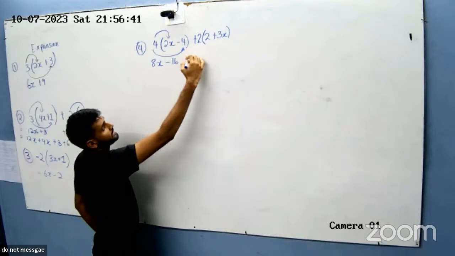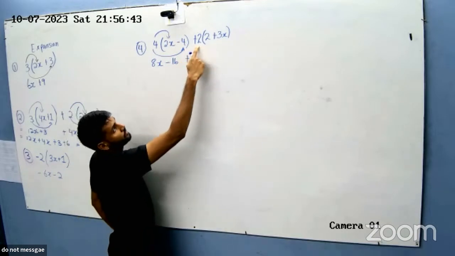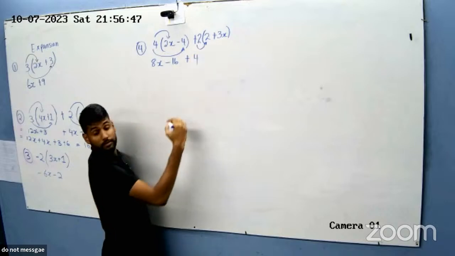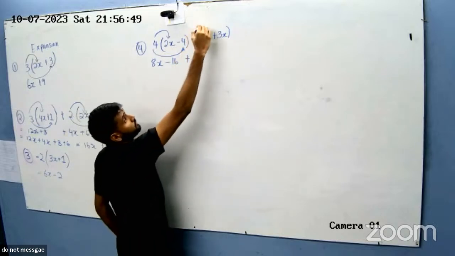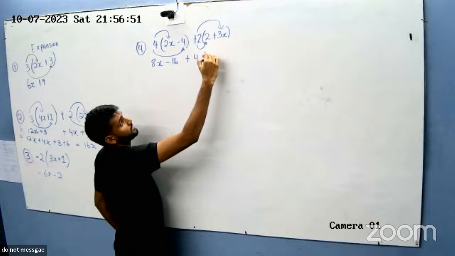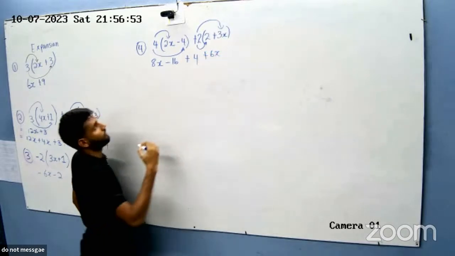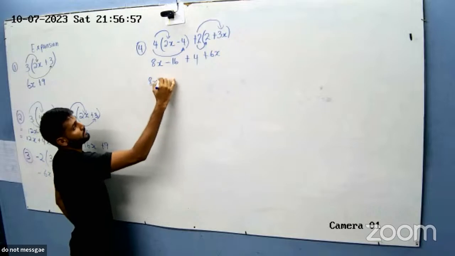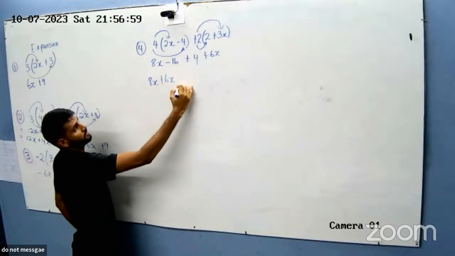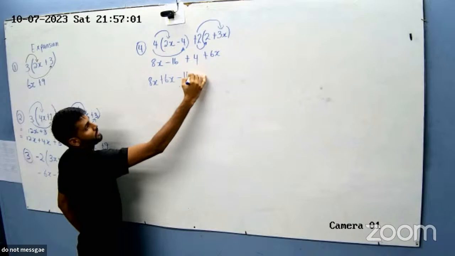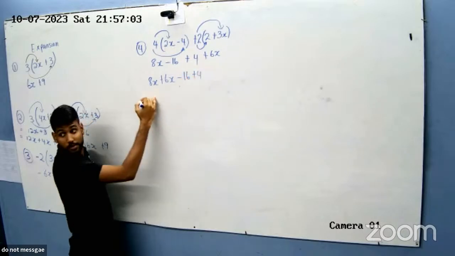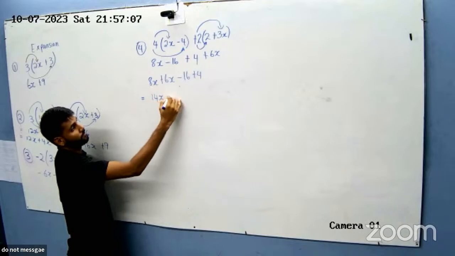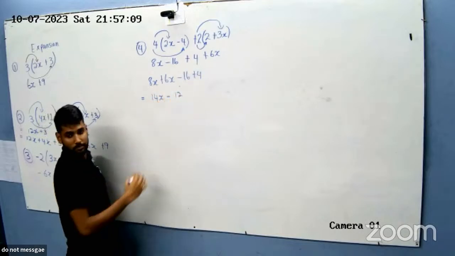Then we work on this side. 2 by 2 will give you 4, and 2 by 3x will give you 6x. Then we group all the terms together: 8x plus 6x minus 16 plus 4. So you get 14x minus 12.